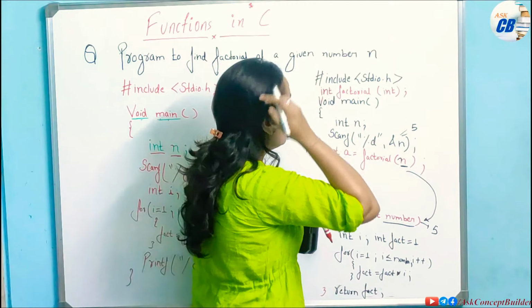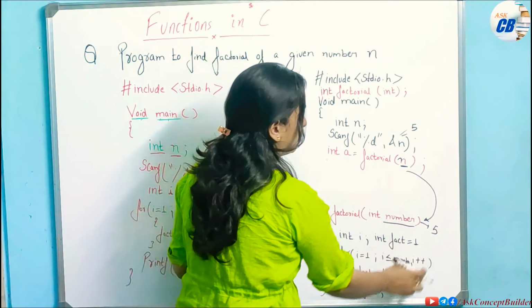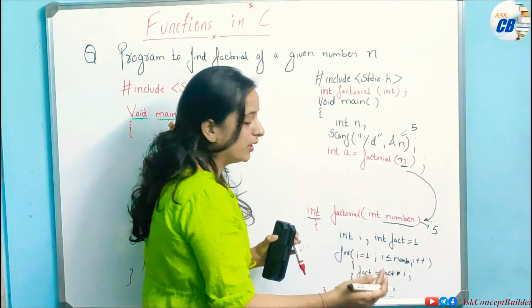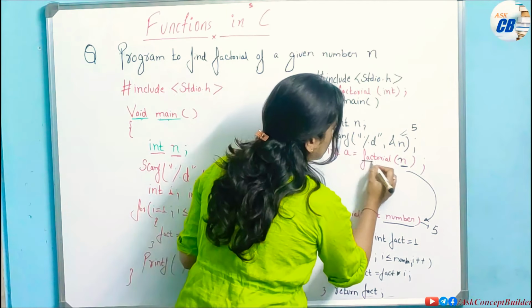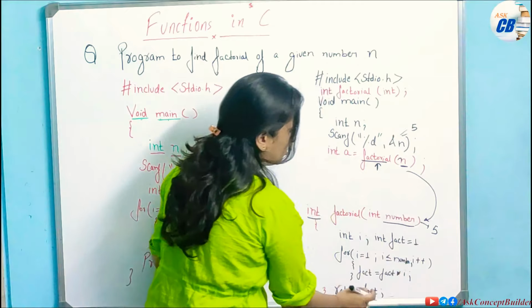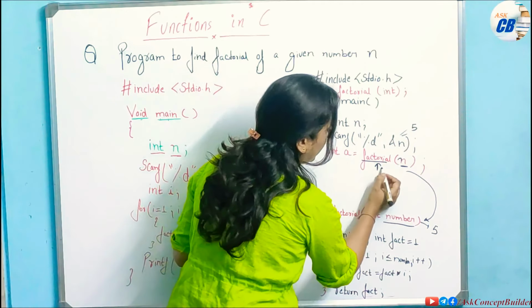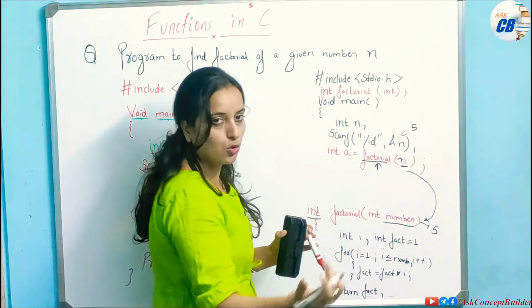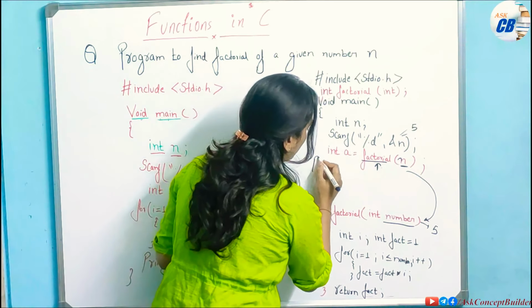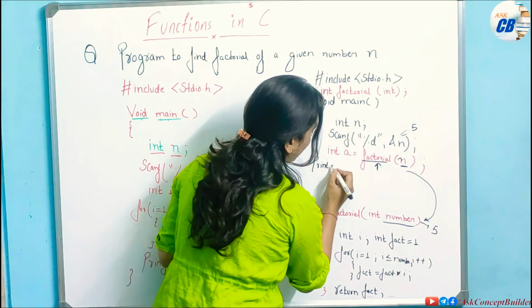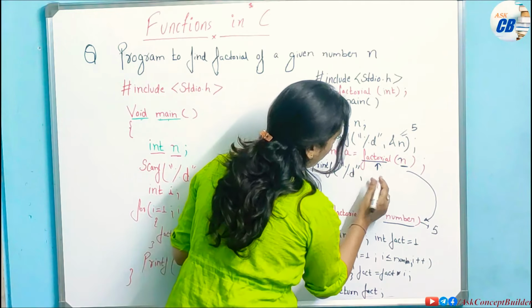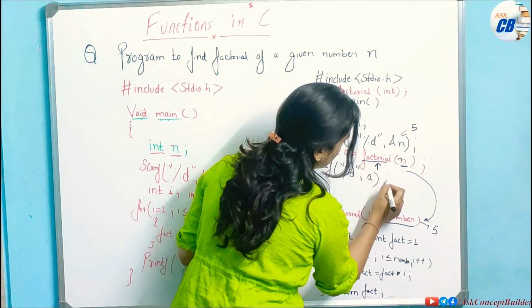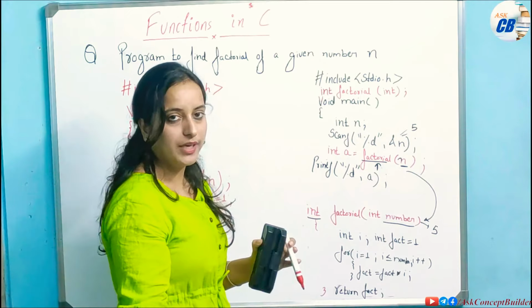When this factorial function is executed, the return fact value will come to this a, and int a will store that value. Now if you want to print that factorial value, you will write printf percentage d comma a. So this a will give you the factorial of that given number.